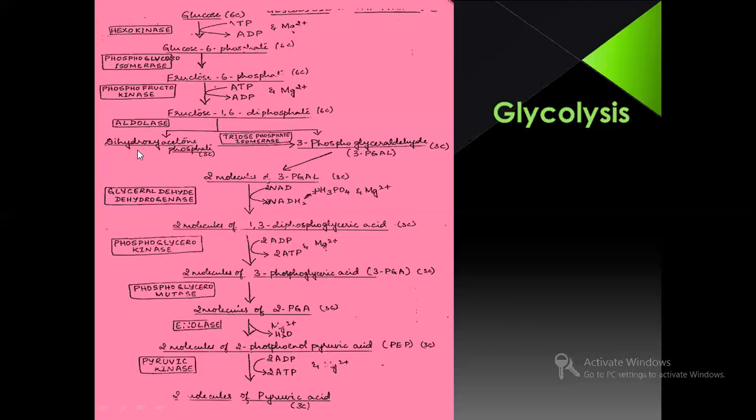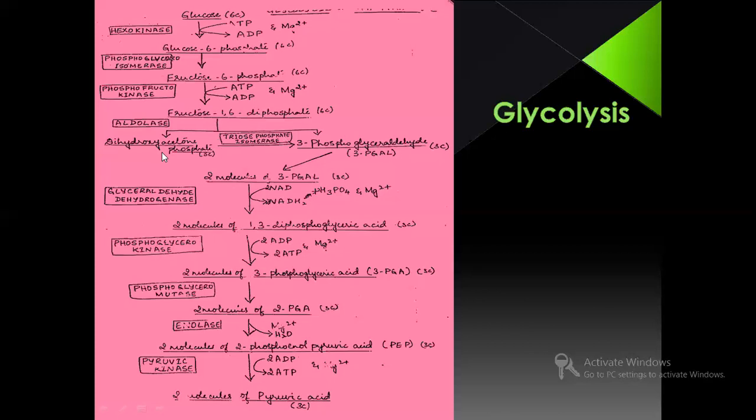So this DHAP, dihydroxyacetone phosphate, isomerizes into a molecule of 3-phosphoglyceraldehyde in the presence of an enzyme referred to as triose phosphate isomerase. I shall repeat.